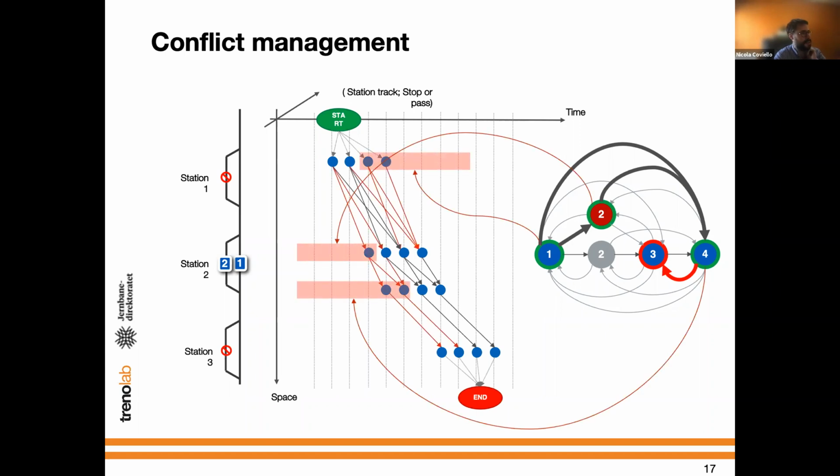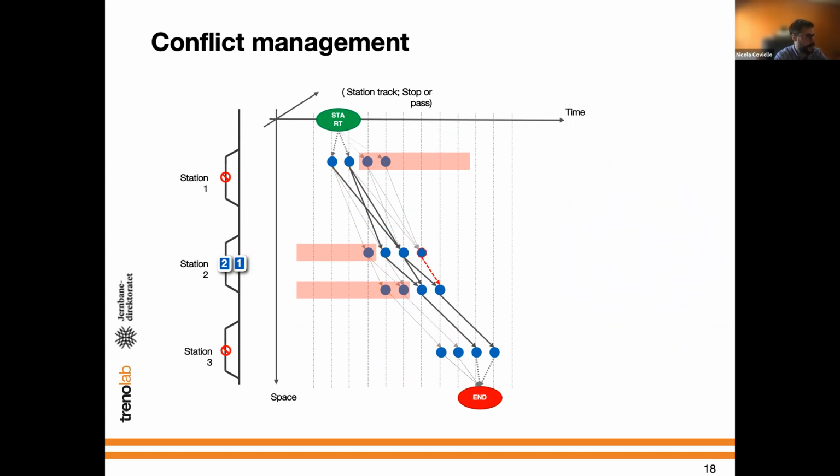This means that some nodes and edges are conflictive ones. So we, in principle, should avoid the utilization of these edges by train number 3. In this case, we notice that some conflict-free path can be found in this graph.